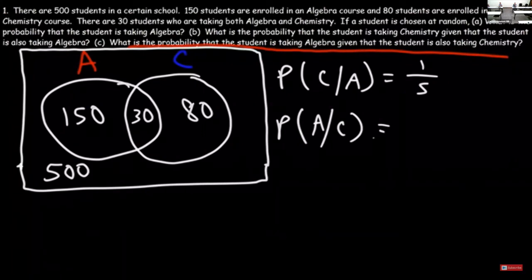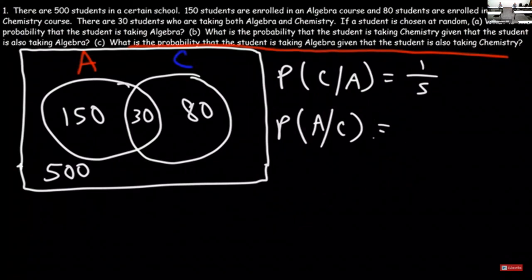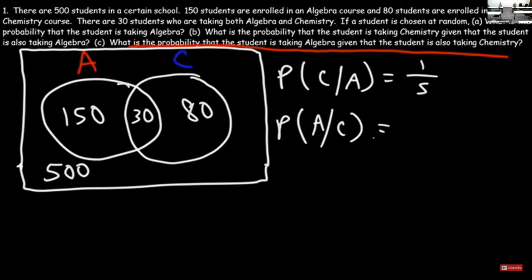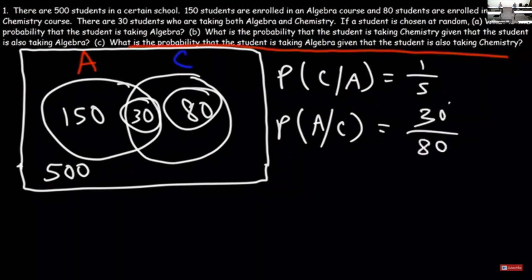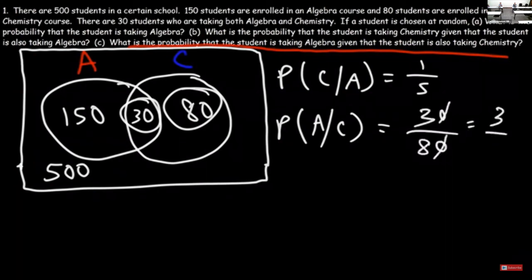So what is the probability of selecting a student who is taking algebra, given that that student is taking chemistry as well? So how much of A is in C? Notice that we have 30 of A that is in basically 80 of C. So this is going to be 30 over 80, which we can reduce to 3 over 8.